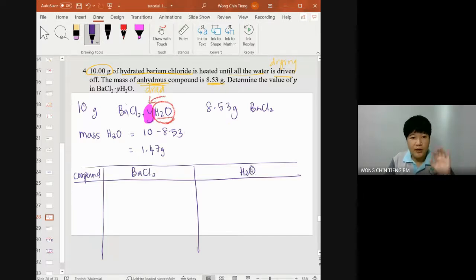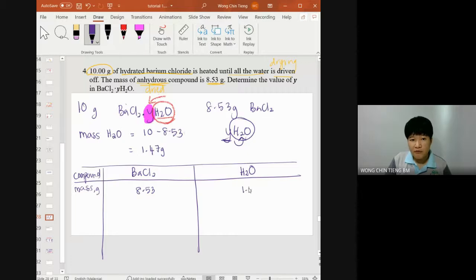Bukan element. Bukan Ba, bukan Cl, bukan H, bukan O. Dan especially untuk H2O, tak boleh pecahkan diorang sebab Y yang kamu nak cari adalah Y H2O is the Y for entire water molecule. Therefore, mass yang kamu perlu, tak payah banyak-banyak pun. Mass of BaCl2 yang kamu ada, 8.53 gram.